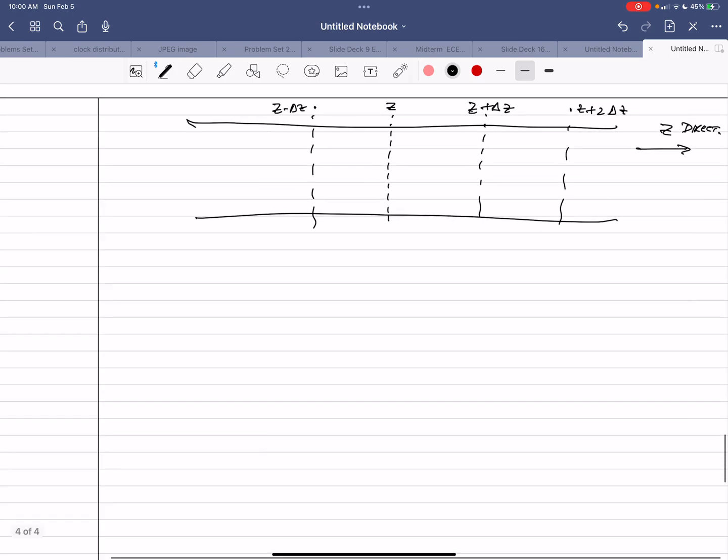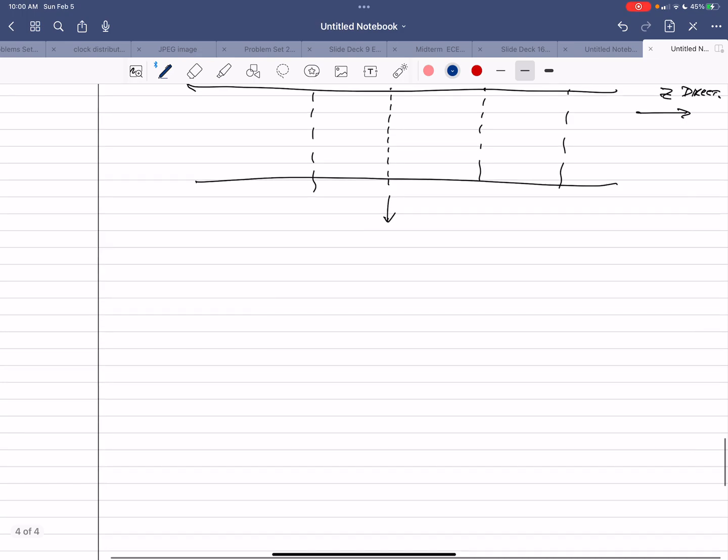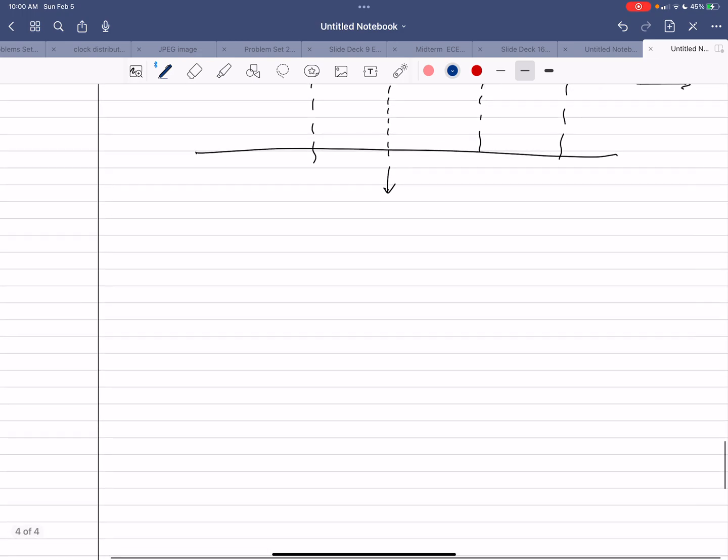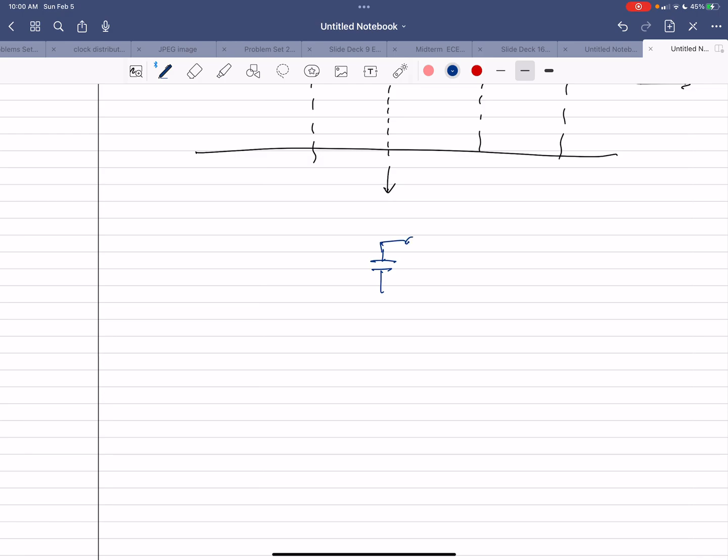Okay, so basically if you're looking at this from a circuit standpoint, I'm just gonna draw the capacitance and the inductors and the currents and so on. So I'm gonna just redraw these two lines in circuit notation. Each point is gonna have a capacitance associated with it and an inductance associated with it.